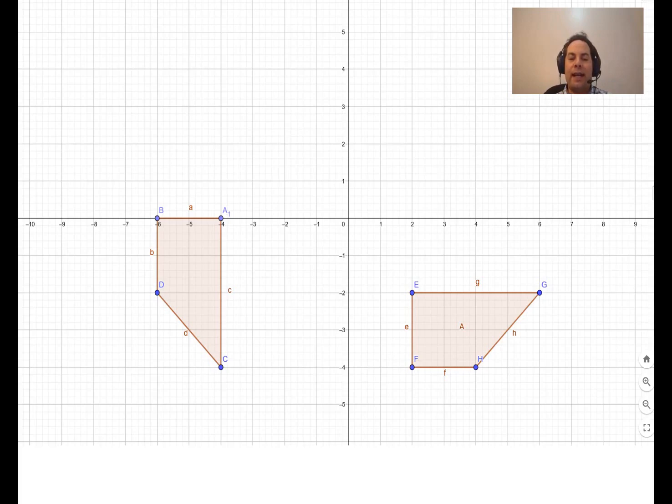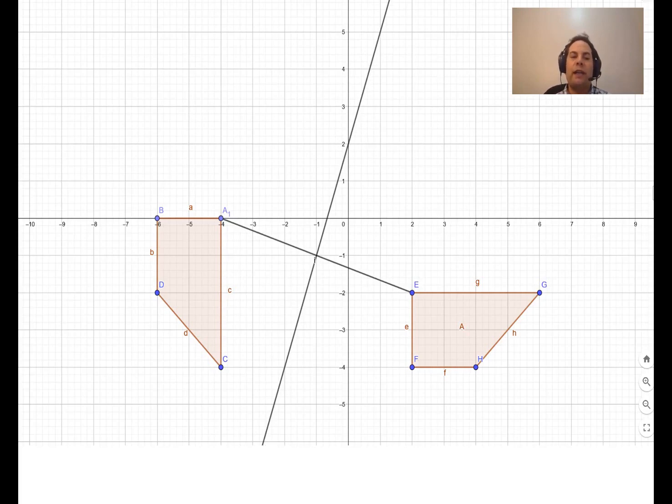But how exactly to identify the center of rotation in case it is 90 degrees? It's also very simple. Draw the perpendicular bisector between 2 corresponding points, this point and this point, by using your compass. This is the perpendicular bisector.